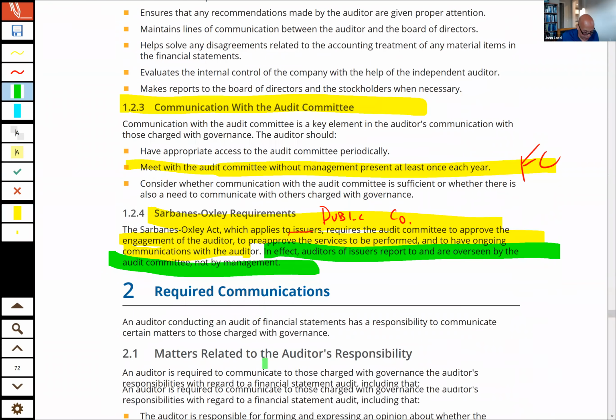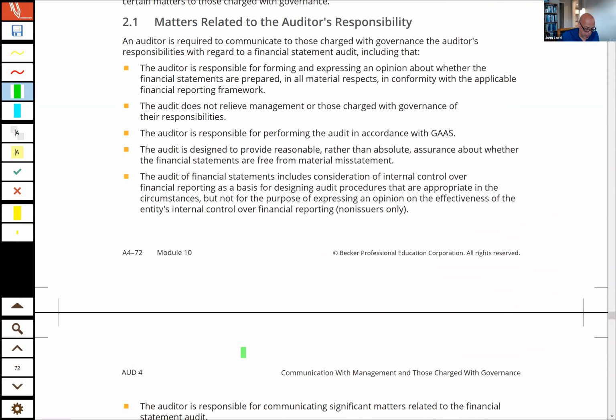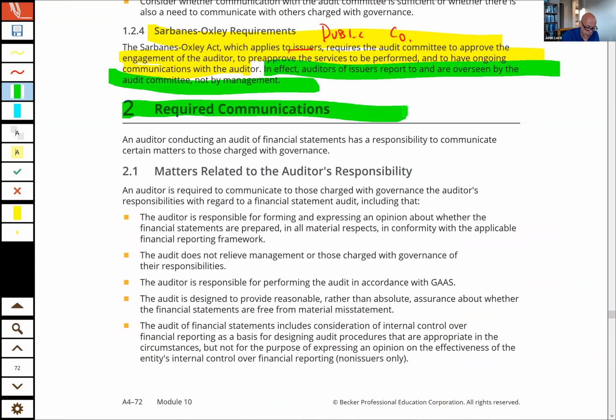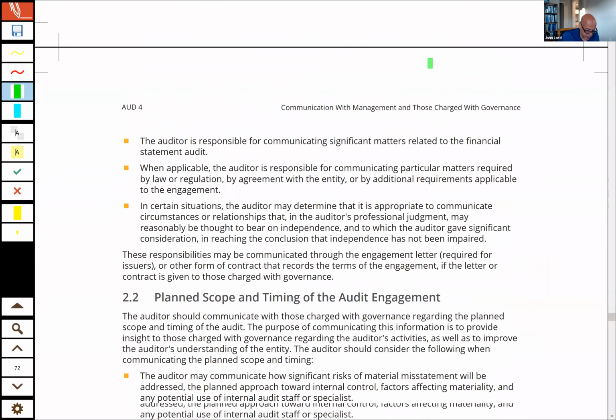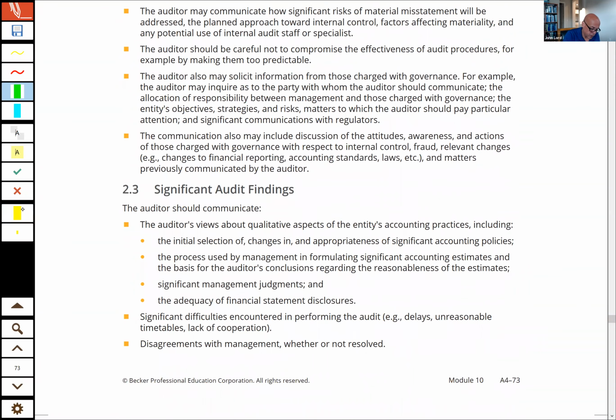Okay. All right, good. Now coming over and just looking at some of the required communications, let's come down and see what they tell us about significant audit findings. Let's just look right there. Okay, so the auditor should communicate. Let's go ahead and highlight and flashcard some of the key things. The appropriateness of the accounting policies that have been selected by the management, reasonableness of estimates.